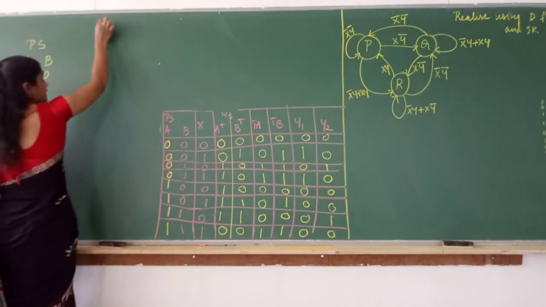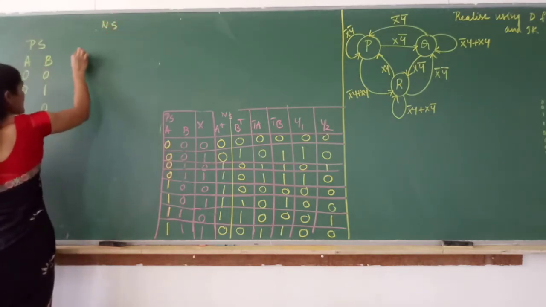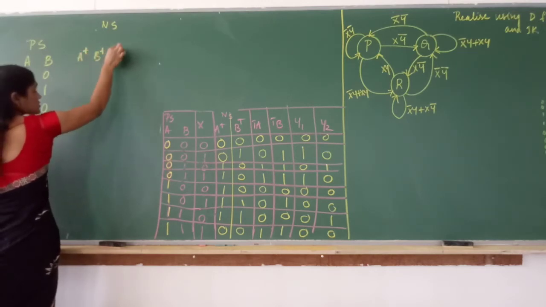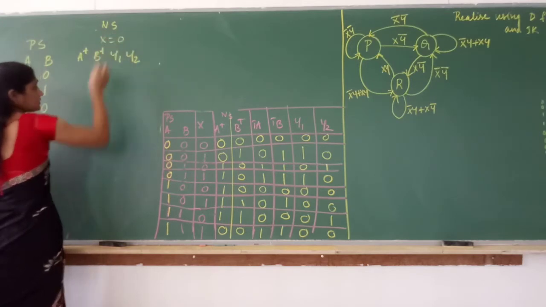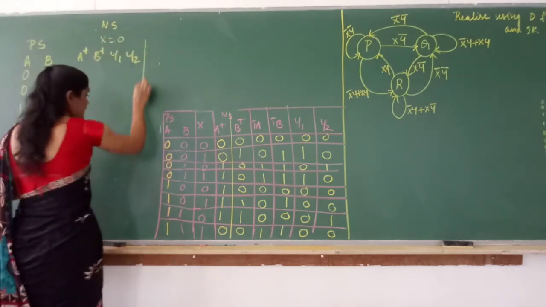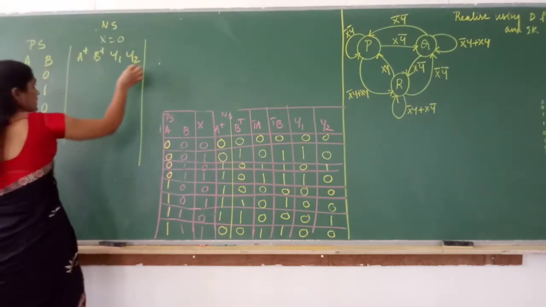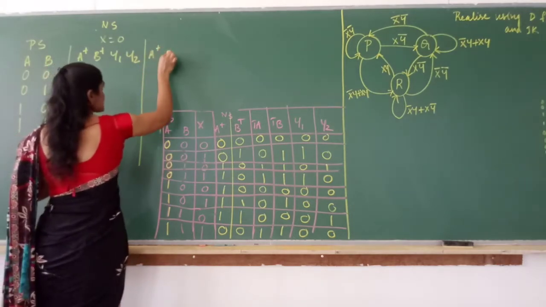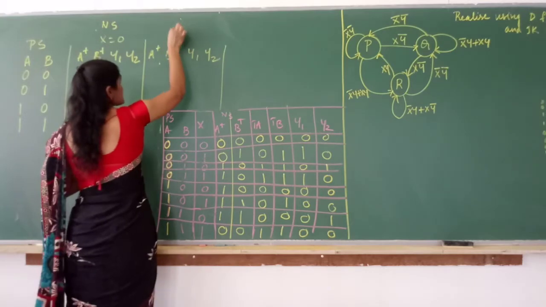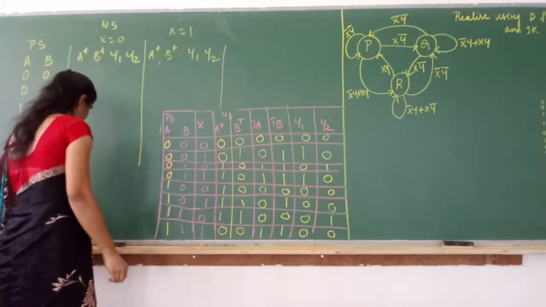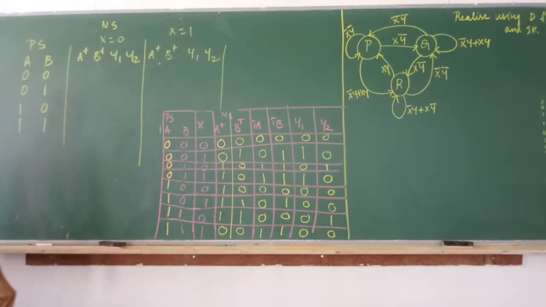Next, we have next state A plus B plus, also output variables Y1 Y2 when X is equal to 0. Similarly, we will write A plus B plus, also Y1 Y2 when X is equal to 1. This is nothing but the transition table.